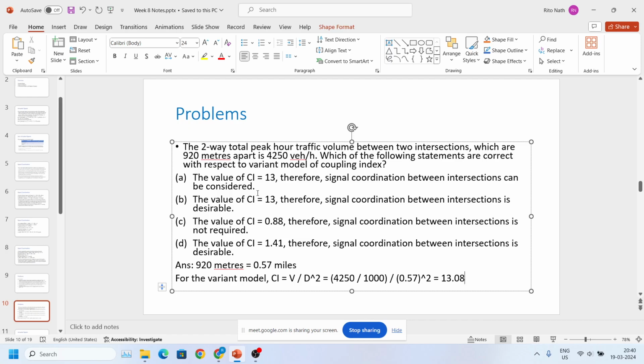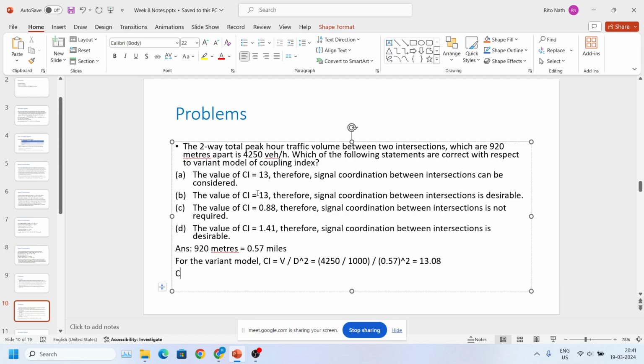The CI value is 13, but now we have to go for additional checks. For the variant CI, you have a table which tells you between 1 to 50, you have to consider coordination. So signal coordination can be considered. That would be the right answer, so the correct answer is A.